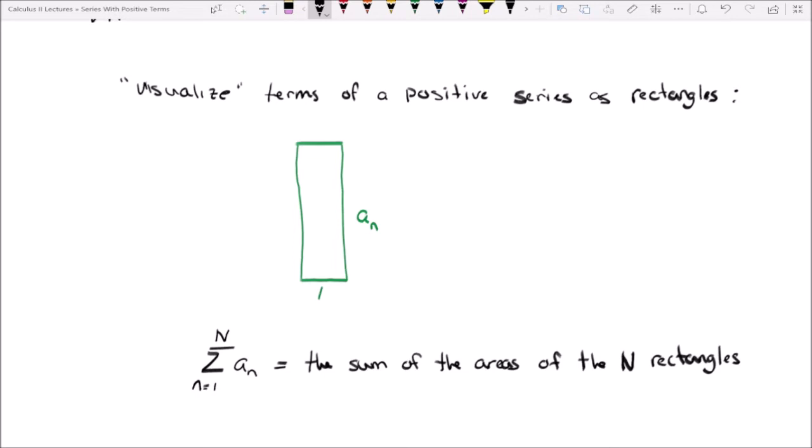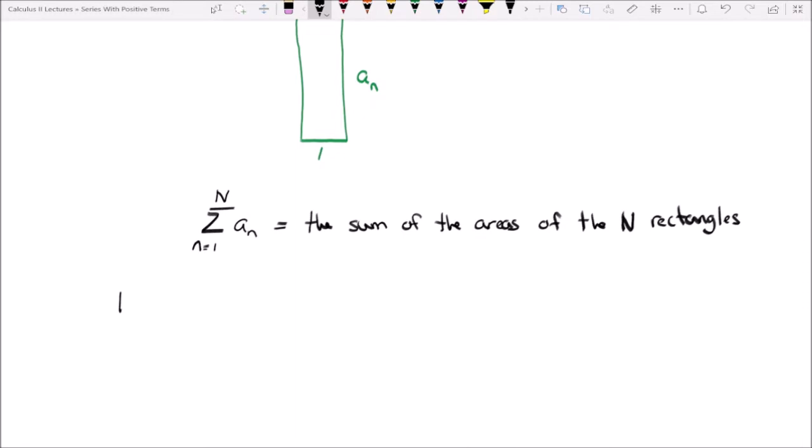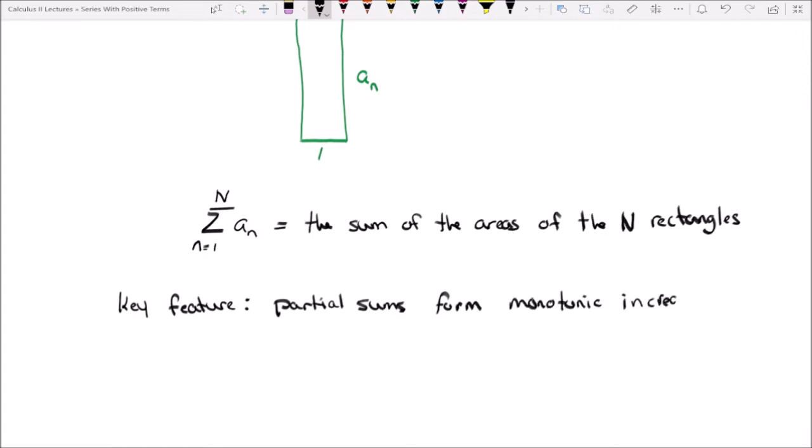So the key feature of positive series is that their partial sums form a monotonic increasing sequence.